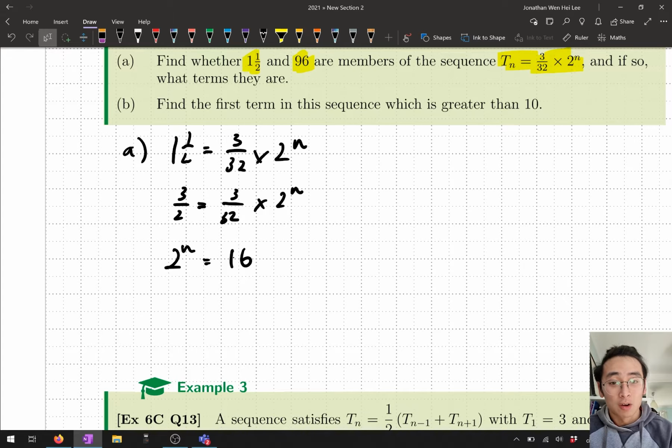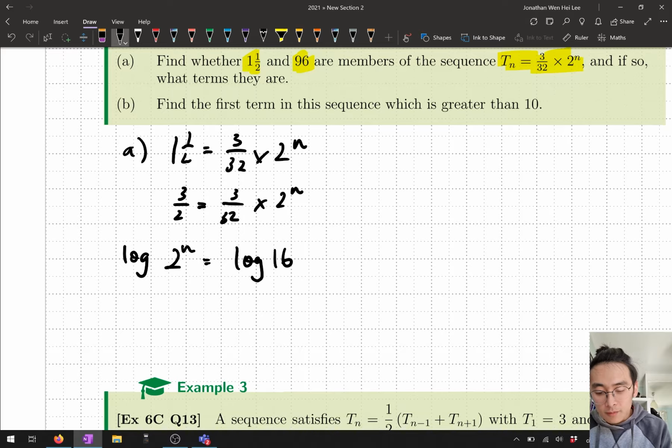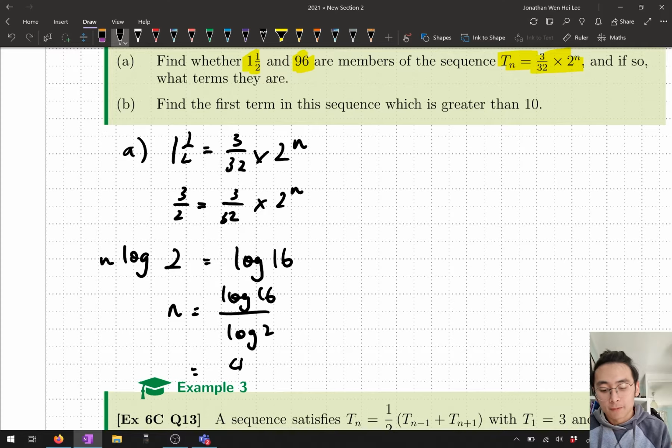If you're not sure how to solve for this, we can take log of both sides. Then I can bring down this n to the front using my power rule. And so n is just equal to log 16 over log 2. That gives me, I believe, 4.